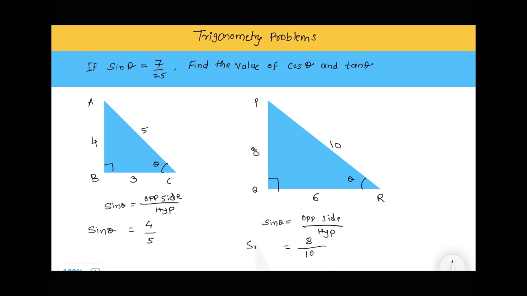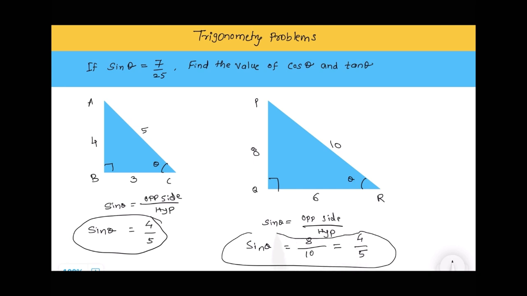So sine theta is 8 by 10, but if we simplify it, dividing by 2, we get 4 by 5. So we are getting the same answer for two different triangles. That's why we apply the common factor K, as this is a ratio which can be further simplified. This is going to help you in solving the numericals later to avoid mistakes.